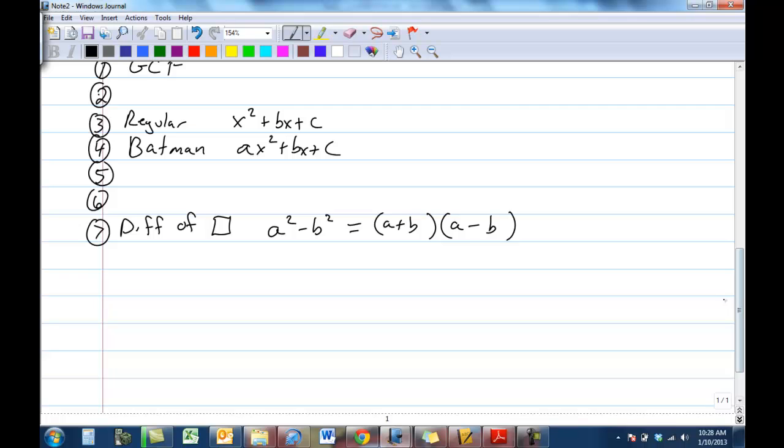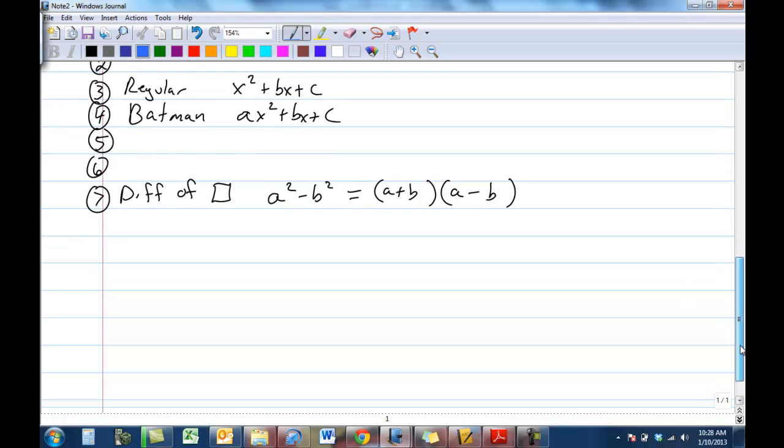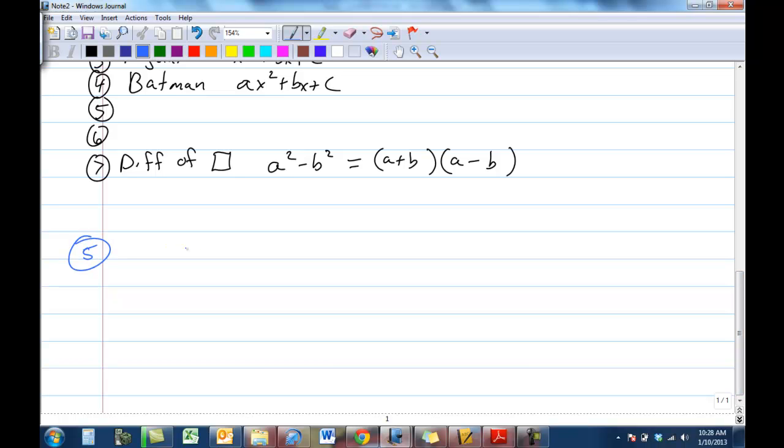We're going to start off with number 5 today. Number 5 is called the sum of cubes.